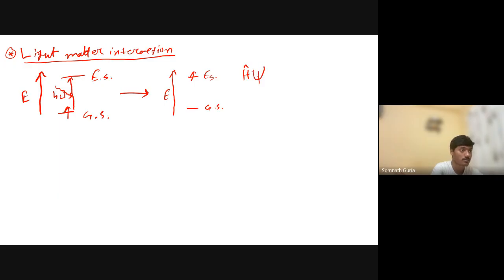This is the function for the ground state. This is my ground state wave function, and it gives me the E ground state and the wave function of the ground state.